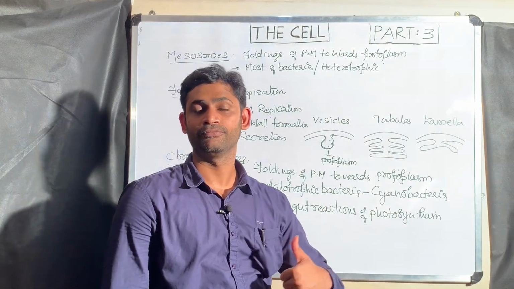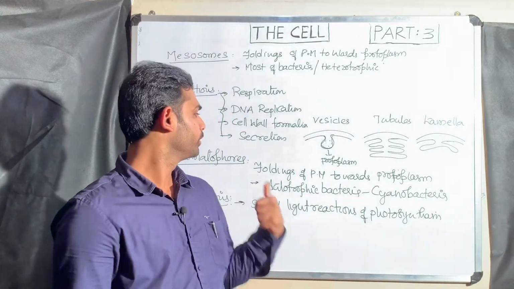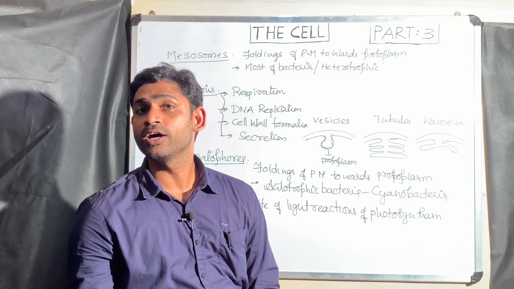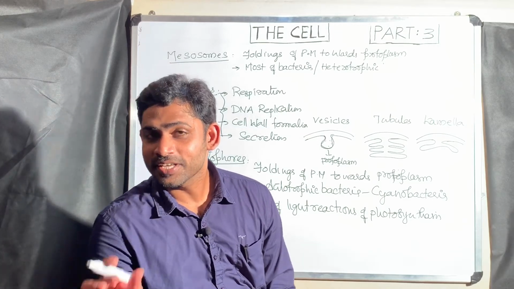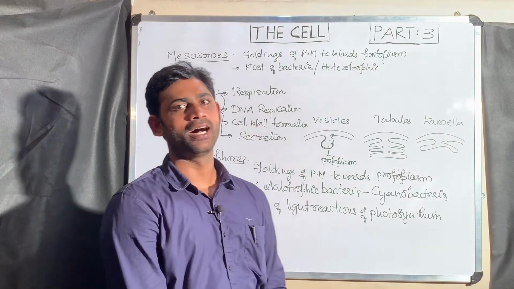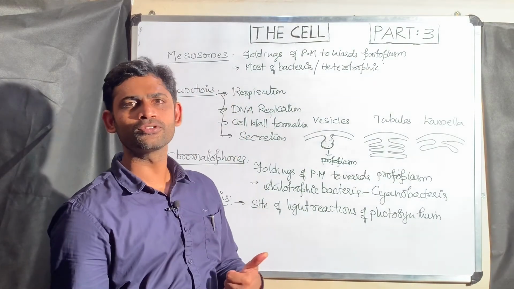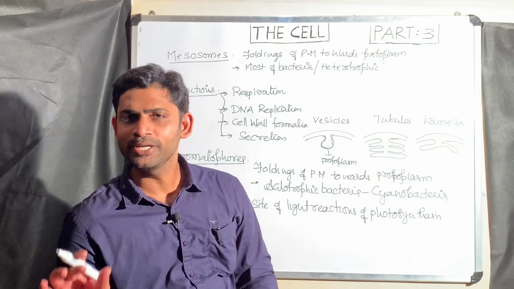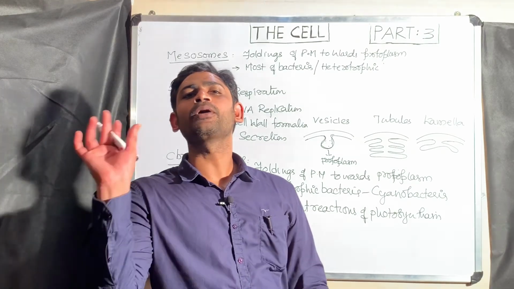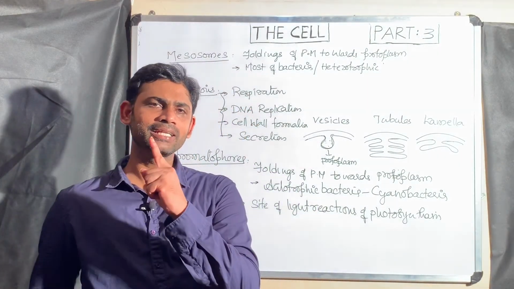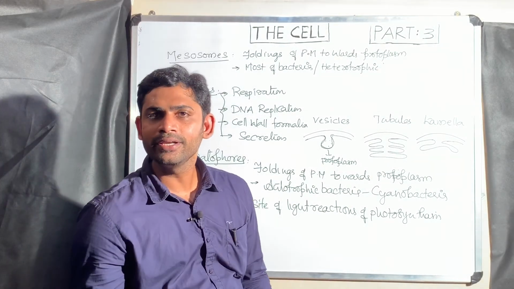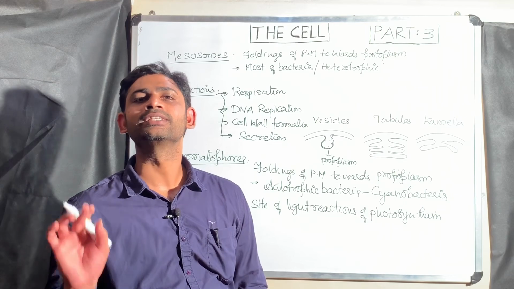With this, what can you conclude? Chromatophores are the functional equivalents of chloroplast in bacteria. Mesosomes are the functional equivalents of mitochondria in prokaryotic cells. Remember exactly, chromatophores are the site of light reactions of photosynthesis.